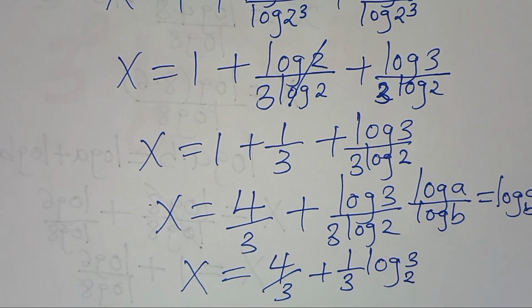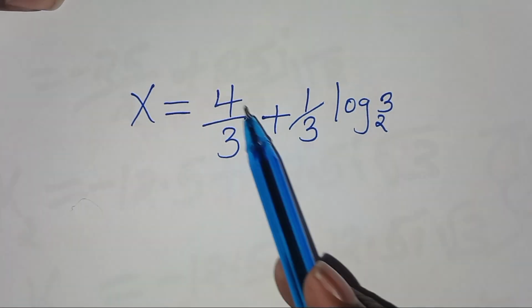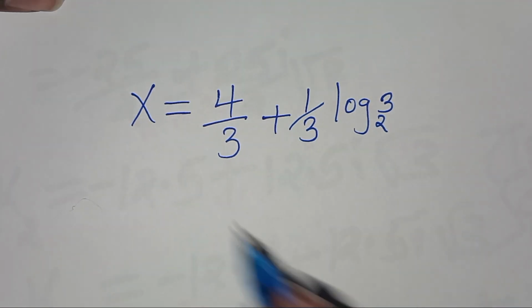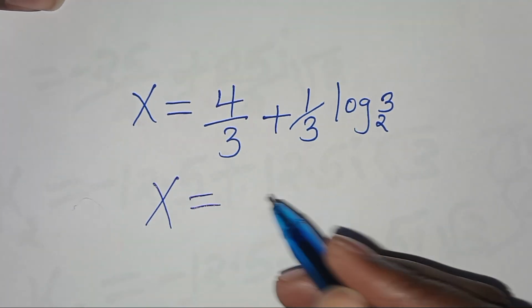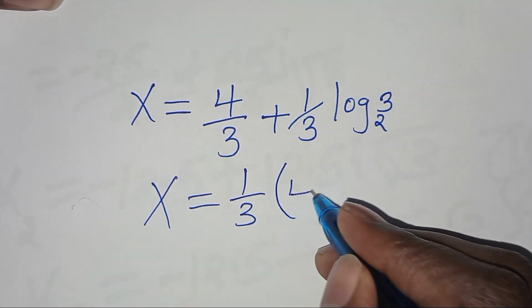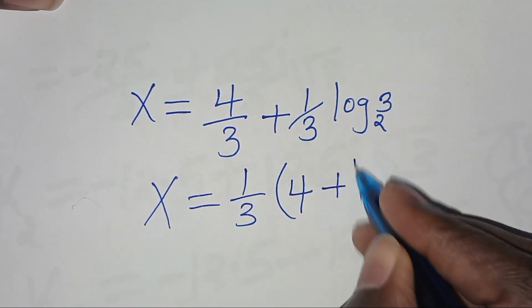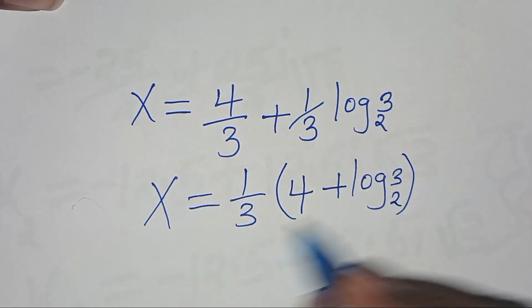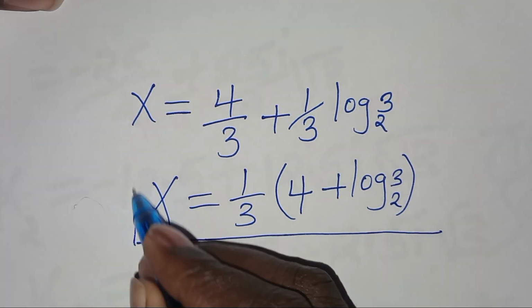So let's proceed. We have x equal to 4 over 3 plus 1 over 3 log 3 to base 2, which you can express as 1 over 3 times the parentheses 4 plus log 3 to base 2. Now, this is actually the value of x.